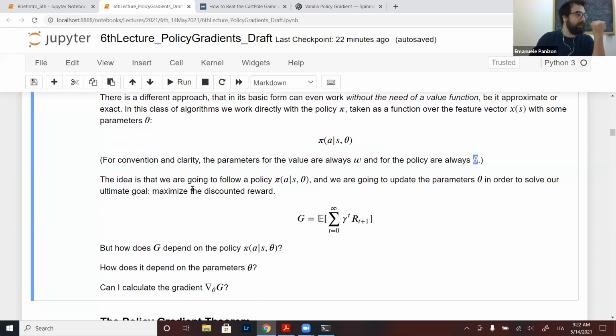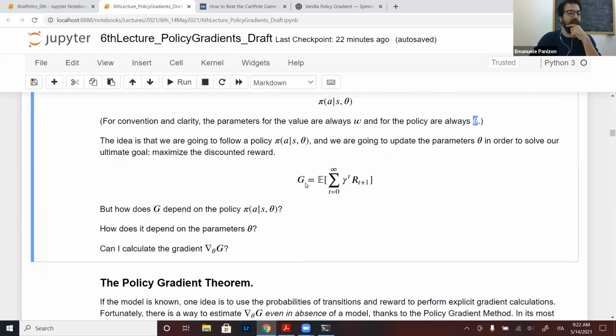Now, the idea is still the same as always. We are going to try to get the best policy, so the best parameters which create the best policy, and our ultimate goal is still to maximize the discounted reward. This is the expected value of the infinite sum of discounted reward.